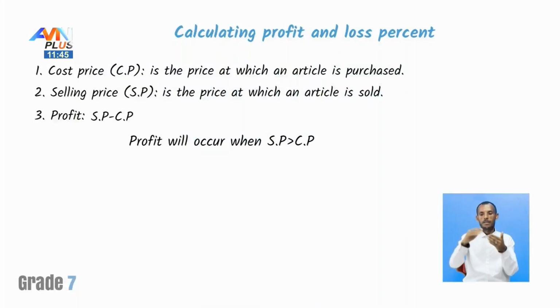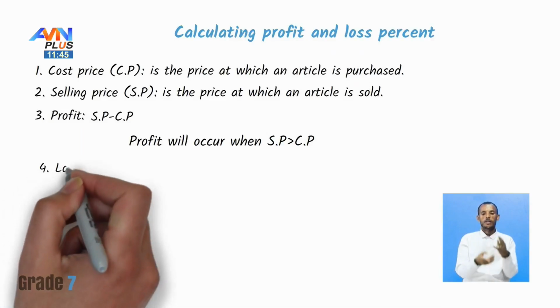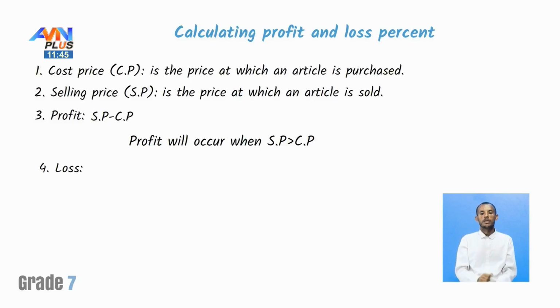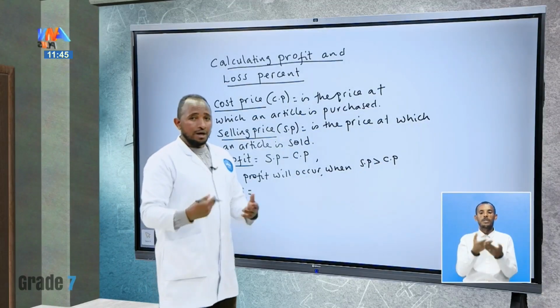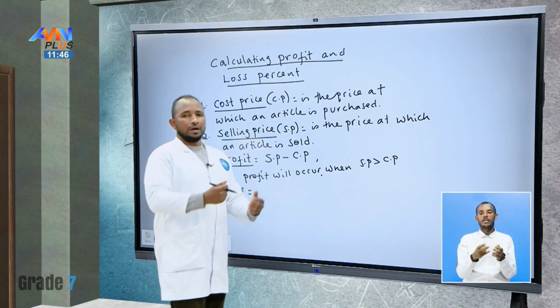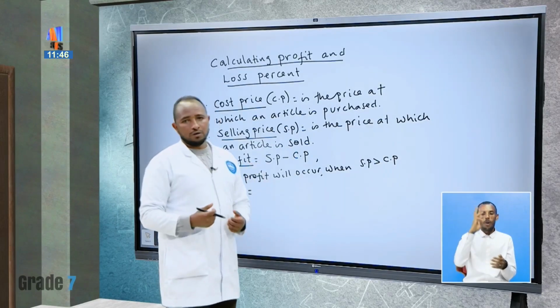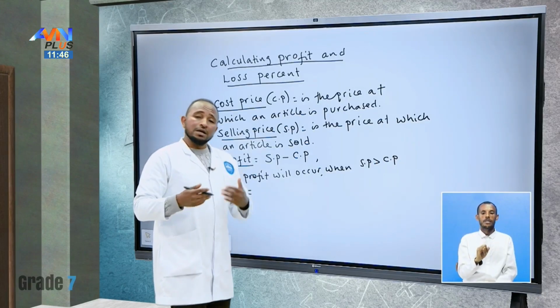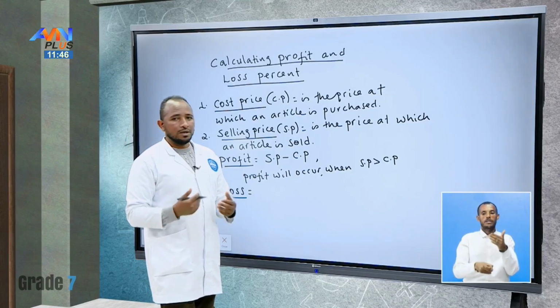Again, the fourth concept is loss. If you sell an article less than the price you spend on it, you will have a loss. That means if the selling price is less than the cost price, in that case, there will be a loss.